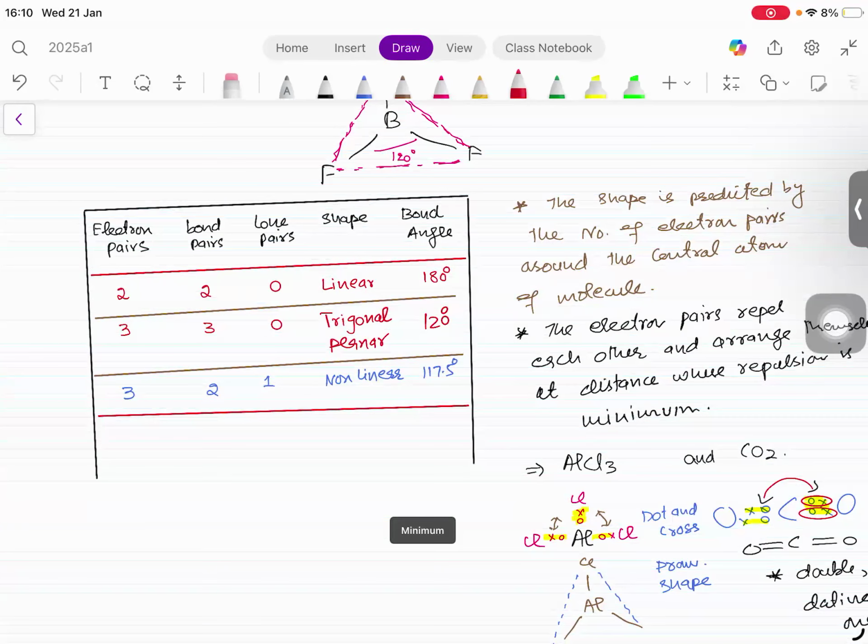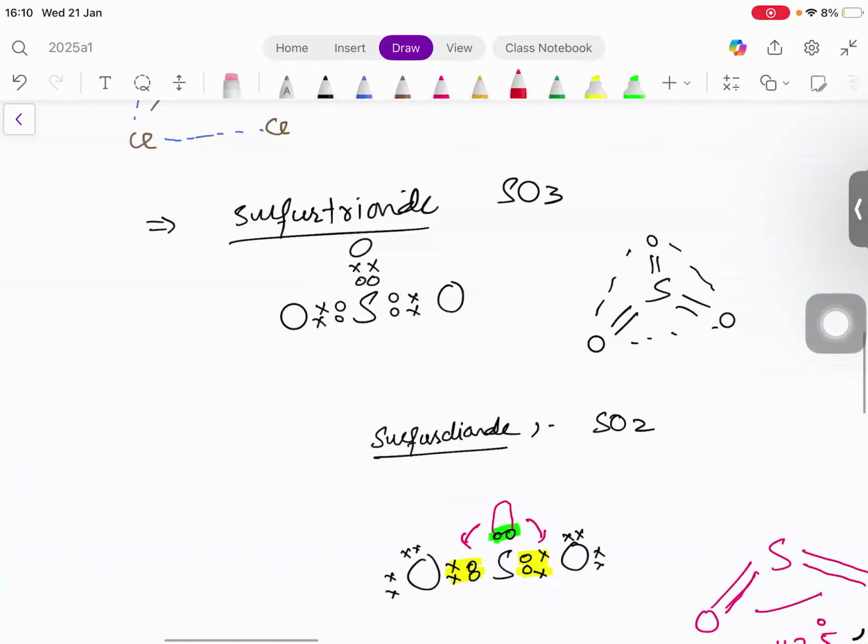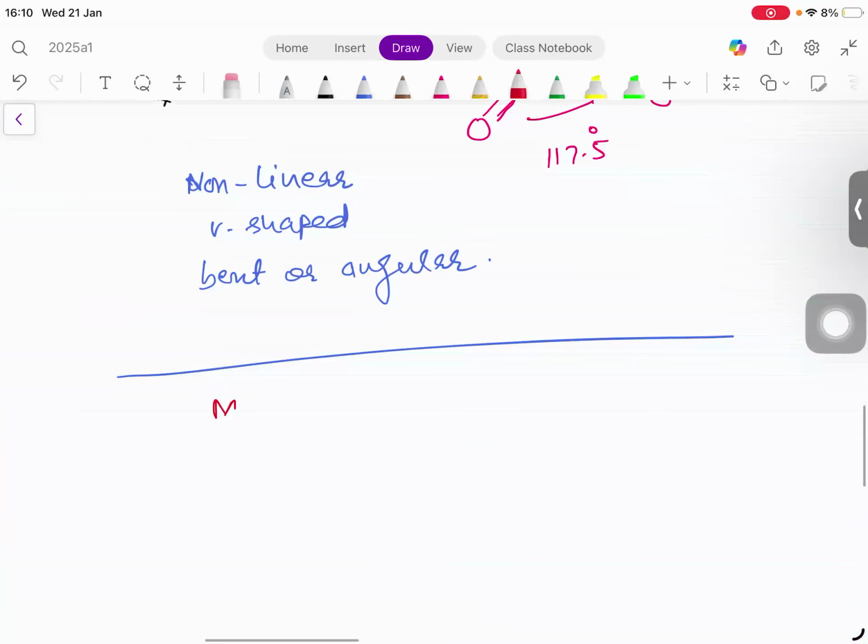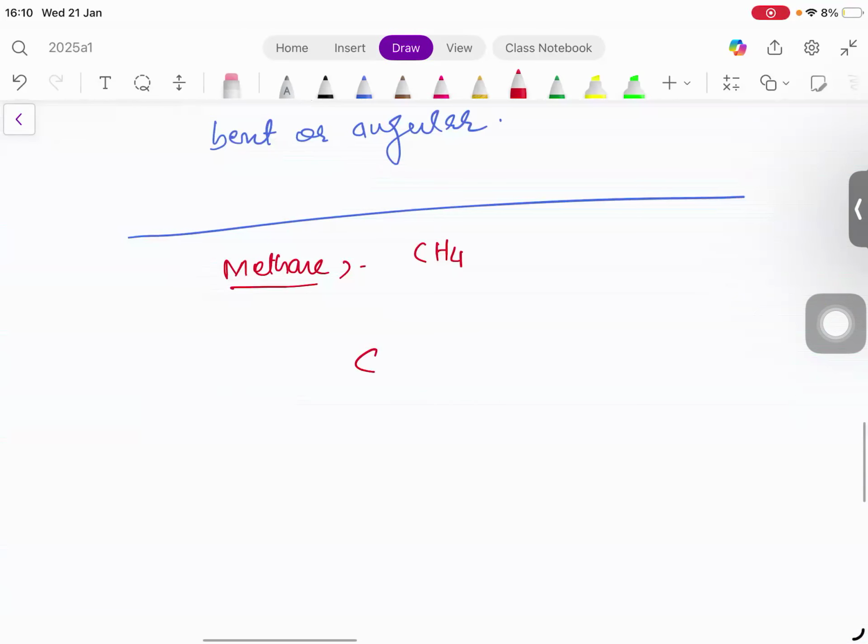Okay, now come to the next. This is methane, CH4. If you look at methane, there is one carbon and 4 hydrogens. So how many bond pairs? Right.